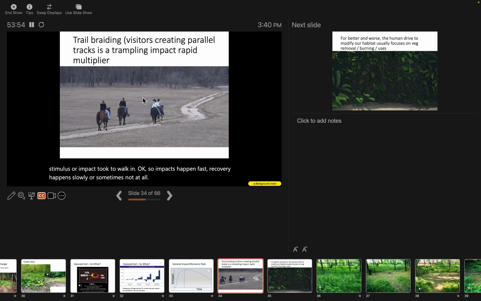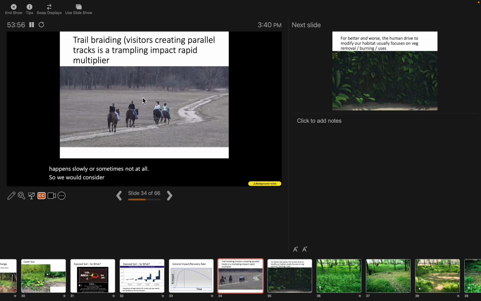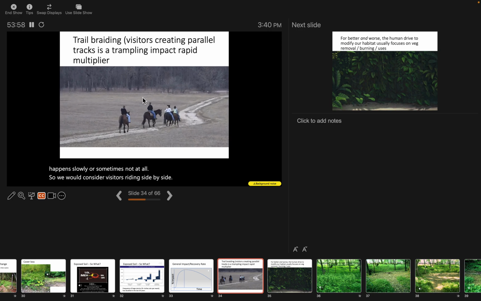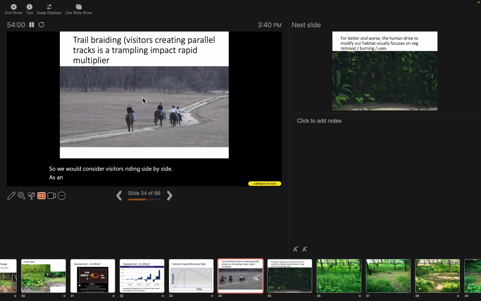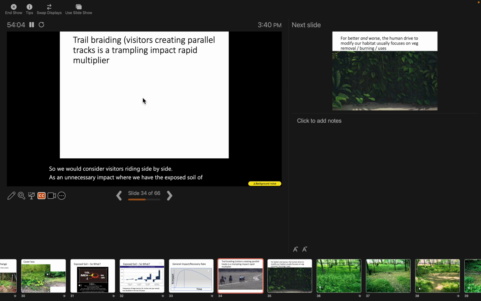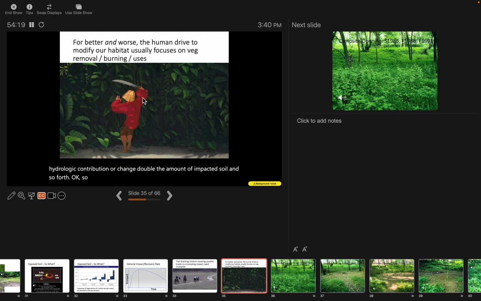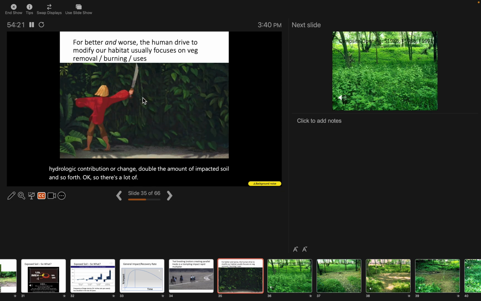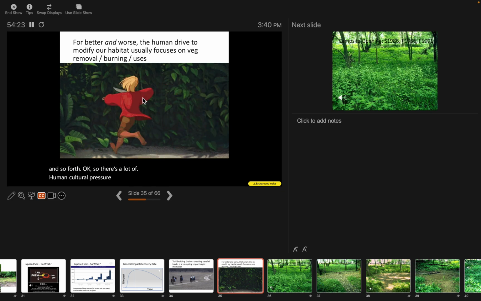So we would consider visitors riding side by side as an unnecessary impact. Where we have the exposed soil of 1 width of trail, now we've got double that. And so double the habitat loss, double the hydrologic contribution or change, double the amount of impacted soil, and so forth. Okay? So there's a lot of human cultural pressure to do this.